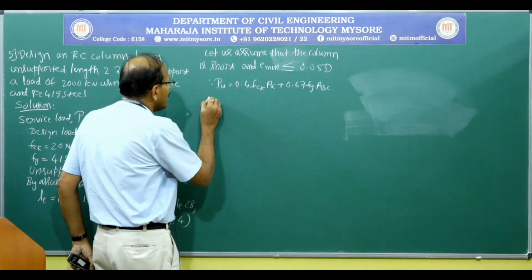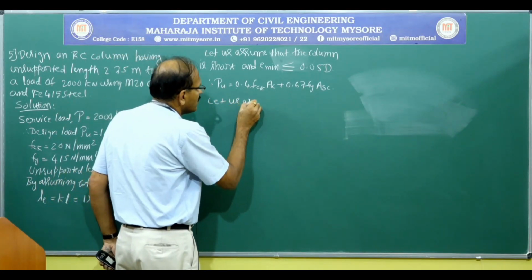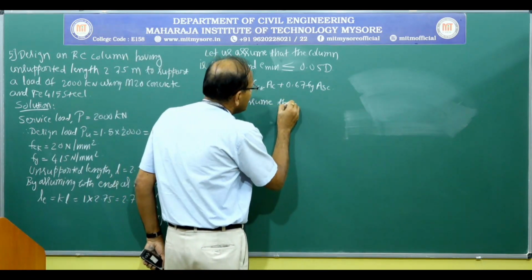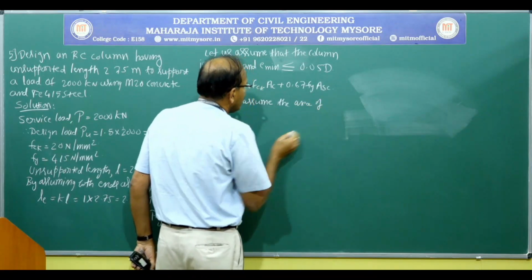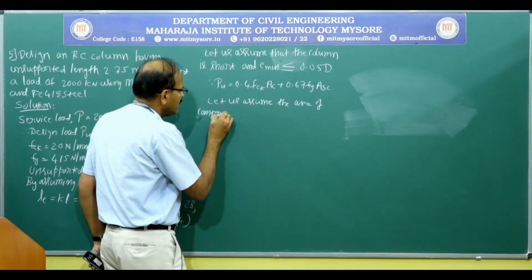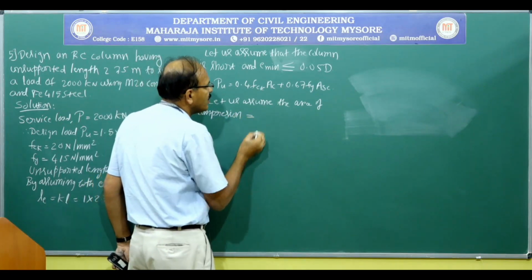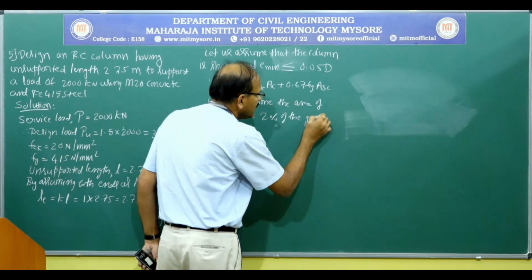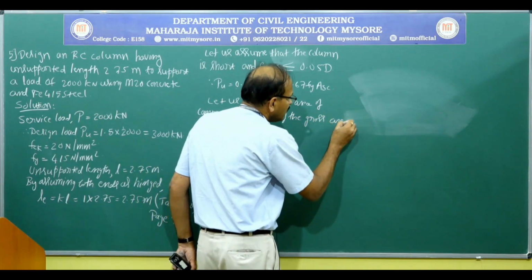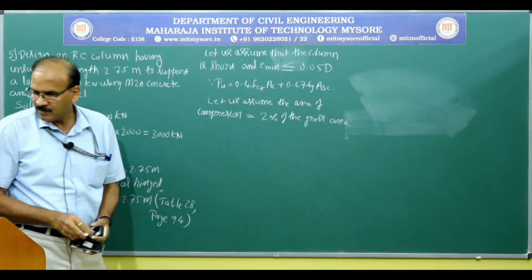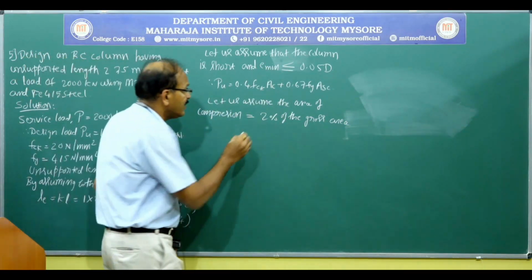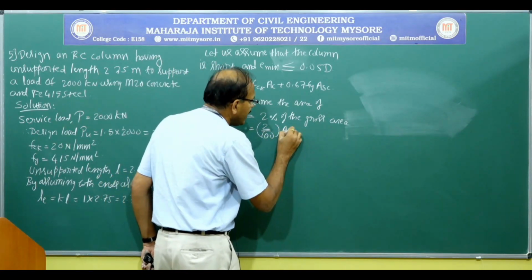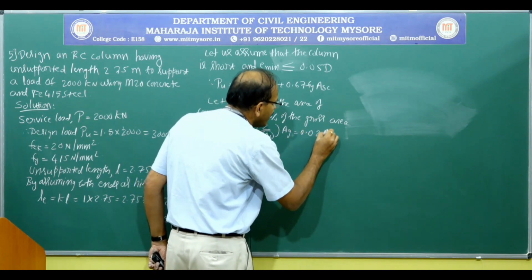So let us assume the area of compression steel equal to 2% of the gross area of the column, that is 2 divided by 100 multiplied by Ag, that is equal to 0.02 Ag.